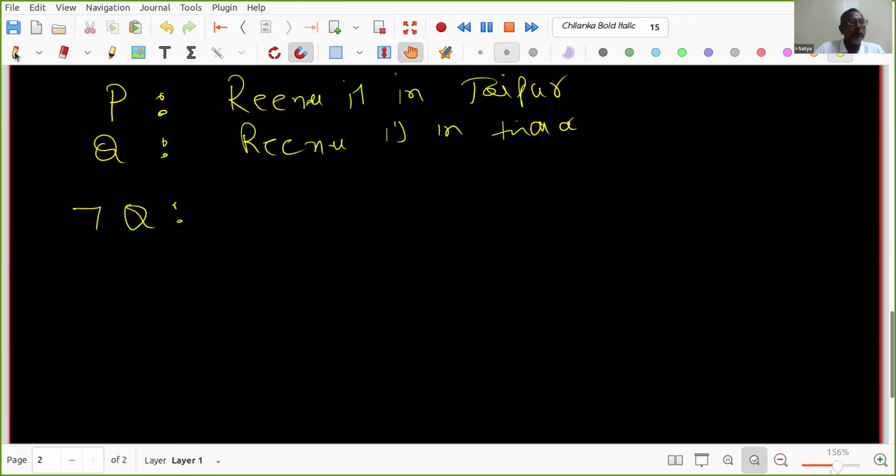So this is called the contrapositive of S. So S is my, if P then Q; the contrapositive is if negation of Q then negation of P.